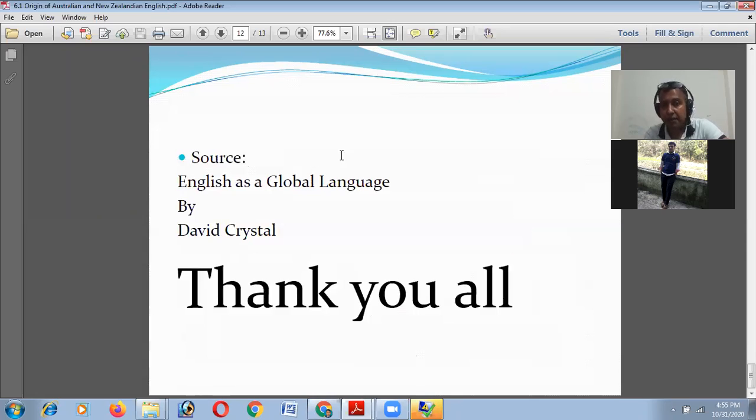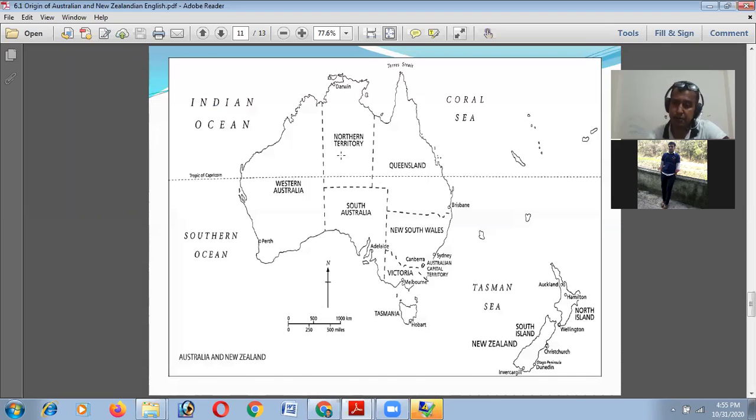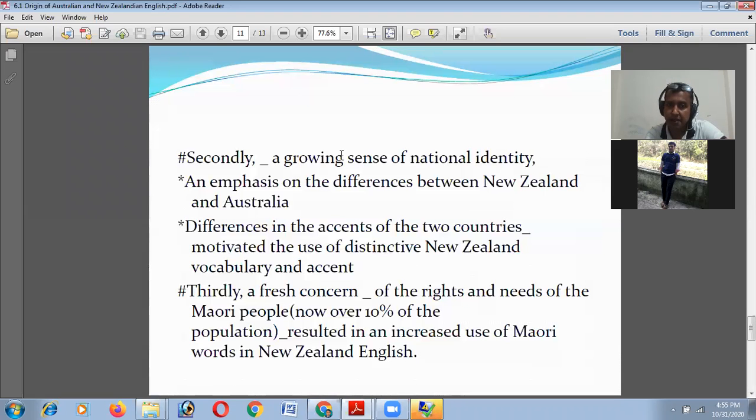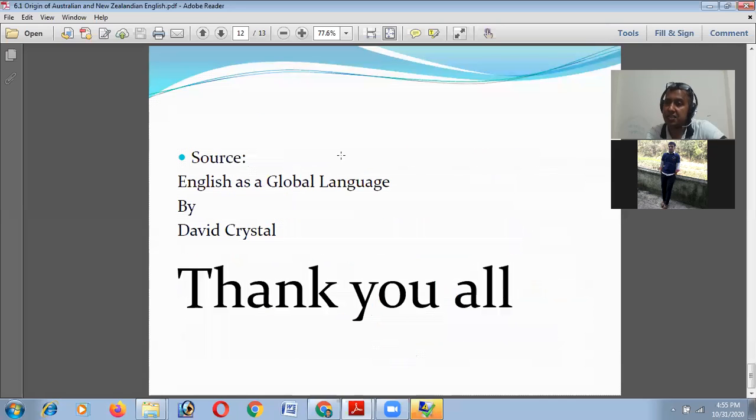So one pattern is the similarity between British English and New Zealand English, because many British people went to New Zealand. And there is also a difference between New Zealand English and Australian English, and a growing concern for nationality.